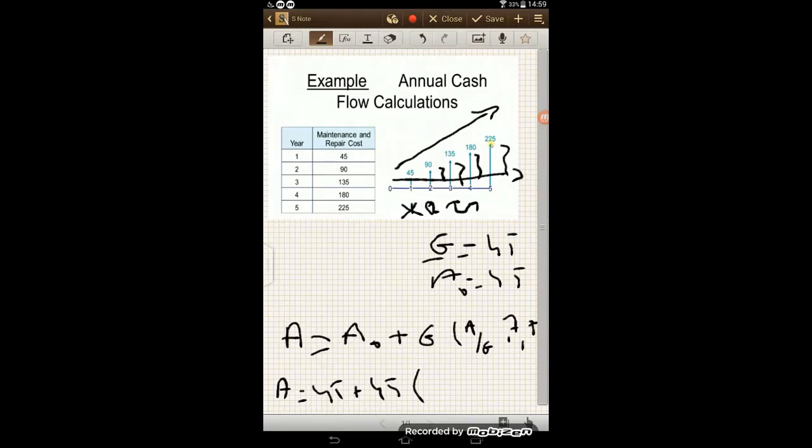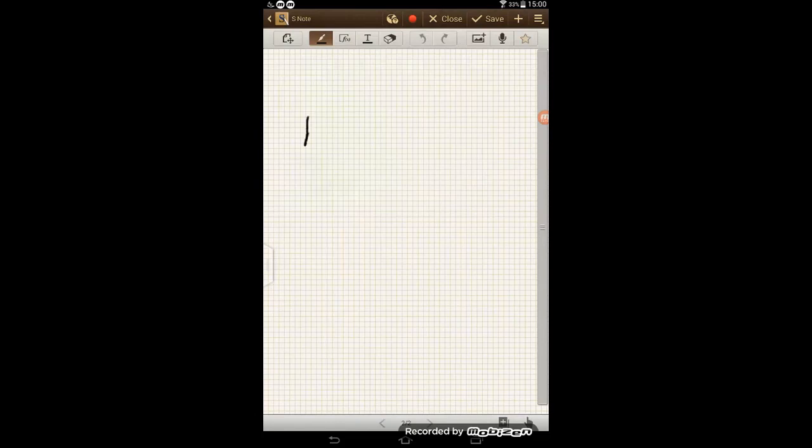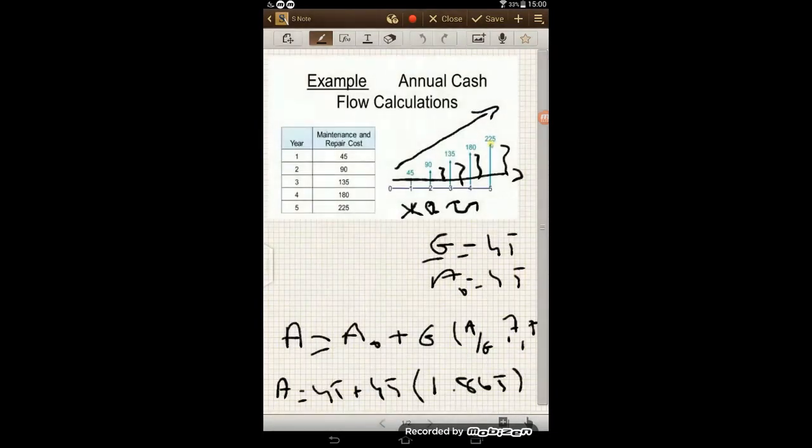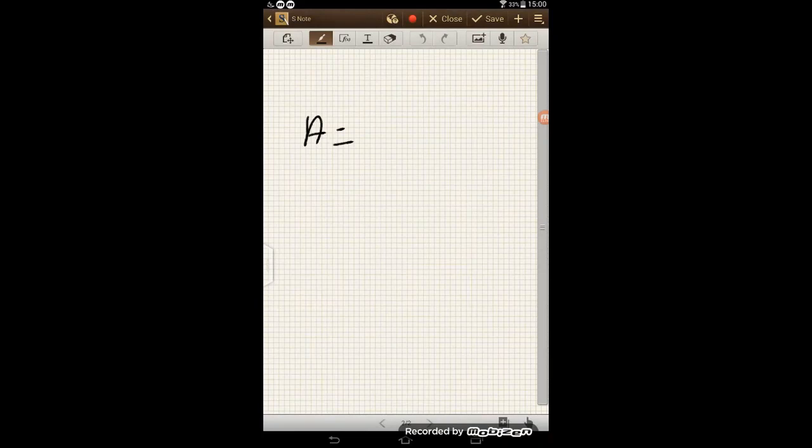A over G for 5 is going to be 1.865. We need to multiply, and the answer is A equals 45 plus 45 multiplied by 1.865, which is $129.